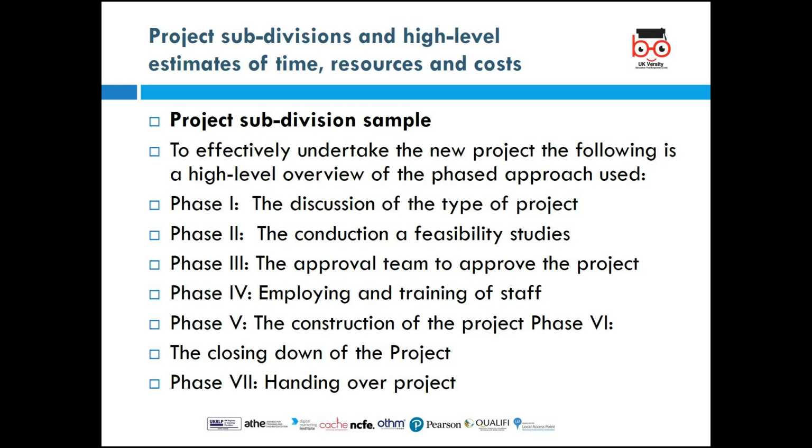Every single project, whether it's a construction project, a research project, be it engineering or construction, will need to have subdivisions so that you will understand what needs to be done at every phase of the project.